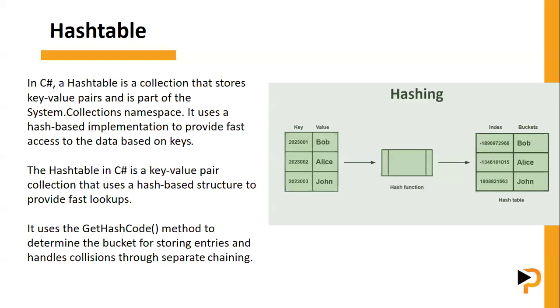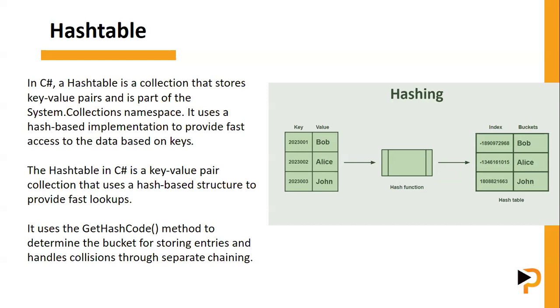In this way, the related data will be fetched in a very quick manner. So I hope this hashing technique or hash table is a little bit clear to you.